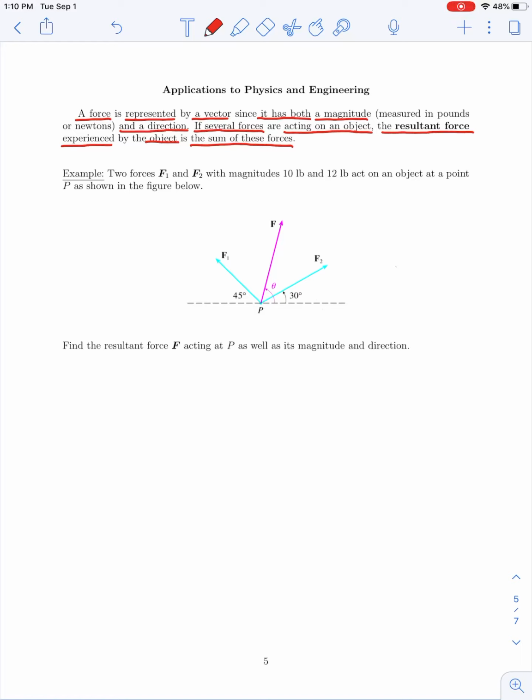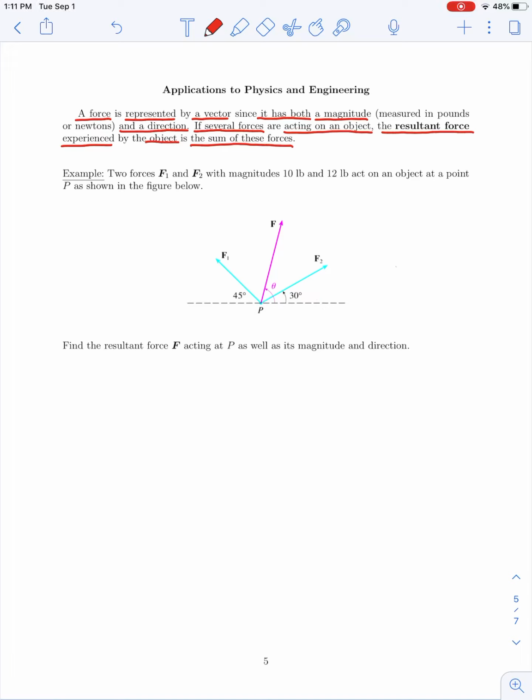So if we have, for instance, let's say some ball, and there's several different forces which are pulling or pushing on this ball at a given time, the question is, well, in what direction will that ball move? So we need to determine what the sum of all those forces would be to determine the magnitude and direction of motion of that ball. And we'll see some examples involving not just forces, but velocities as well.